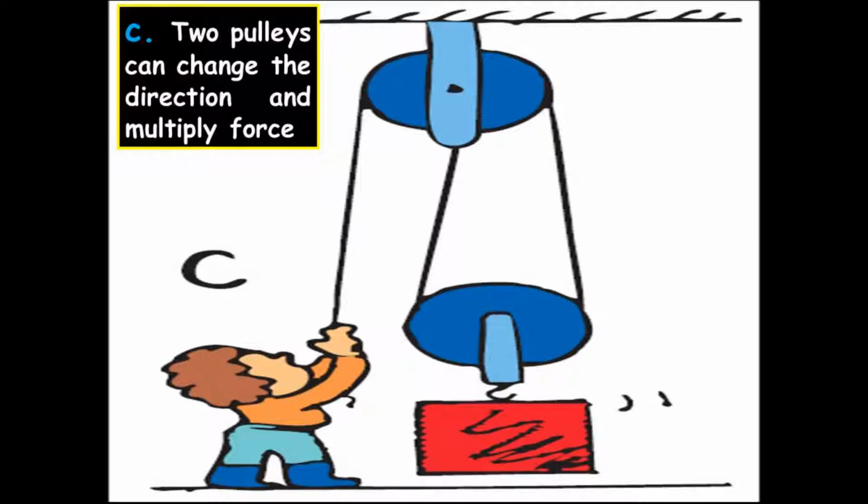So the input force is going to be less. Well, how much less? Relative to the distance, it'll be indirect. The larger force, less distance. Greater distance, less force. So here, two pulleys can change the direction and multiply forces.